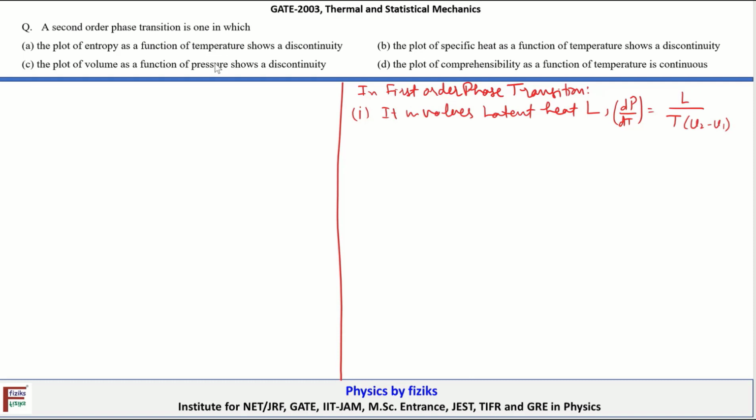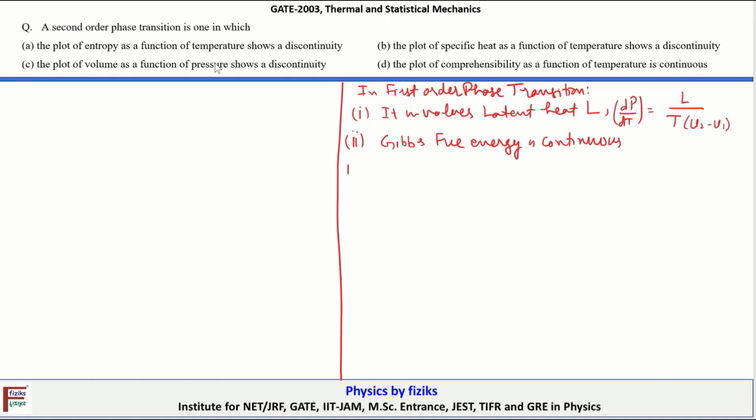And the second point in first order transition is that the Gibbs free energy is continuous. So Gibbs free energy is continuous. That's the second point we should note.